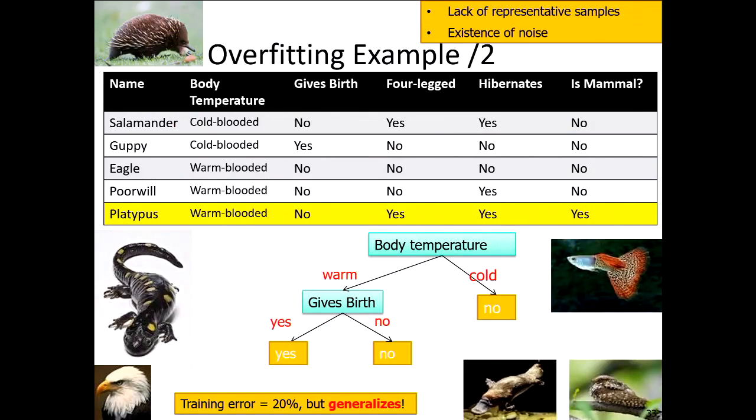It can give more reasonable and better testing performance. Although in this case, the platypus, I think, does not fall here. So the training error is 20%, because there is one error in the training data set. But with this model, we can predict most of the animals on Earth.